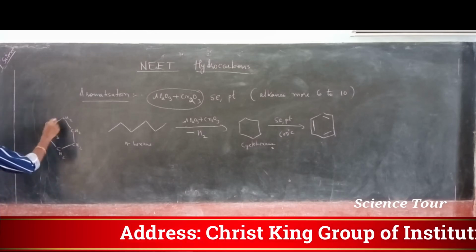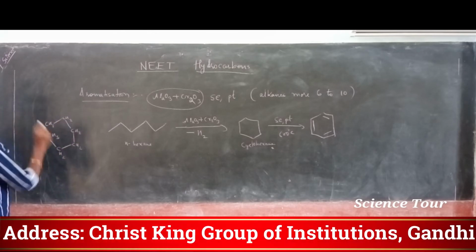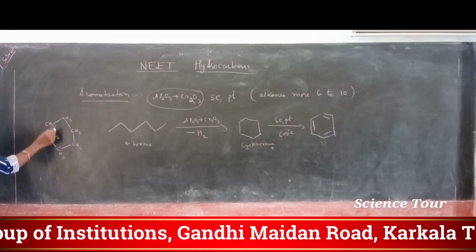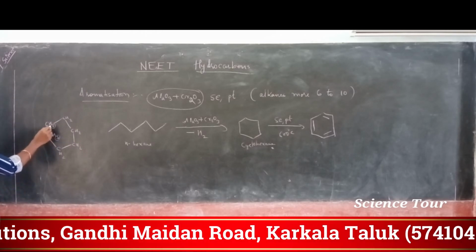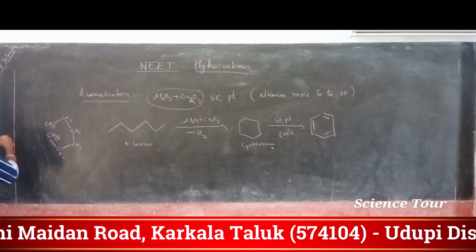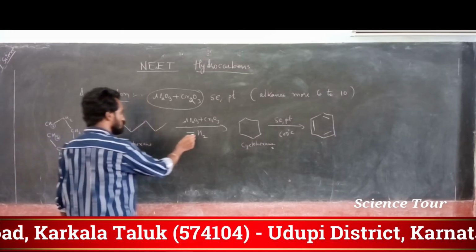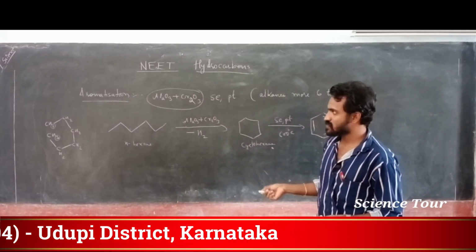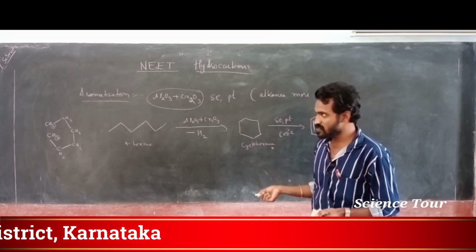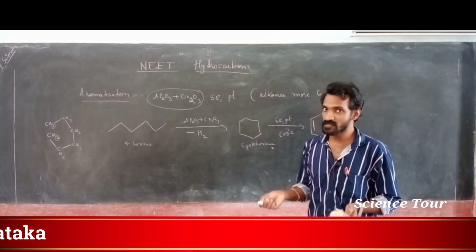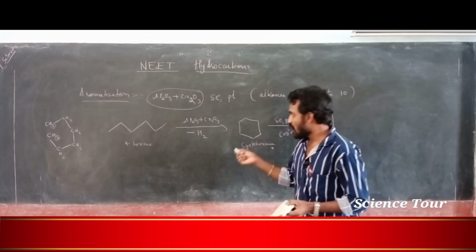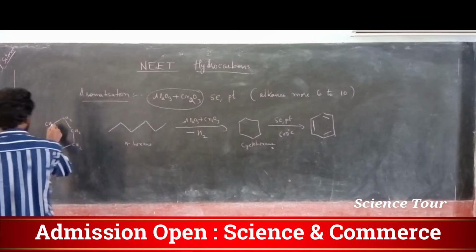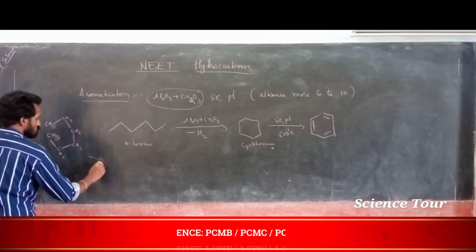So 1 2 3 4 5 6 carbons. Here you can see, my dear students, here CH3 is there, here CH3 is there. One H is removed, another H is removed. So 2 H are removed and it forms cyclohexane. Later again aromatization takes place, again by removing hydrogen only. How many hydrogens are removed again, my dear students? Here 2 hydrogens are removed, it gives, my dear students, like this.